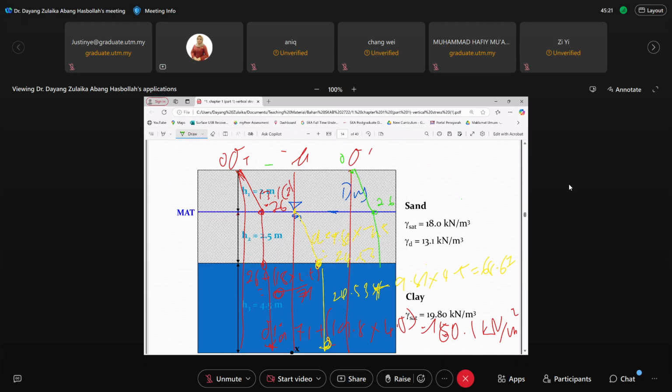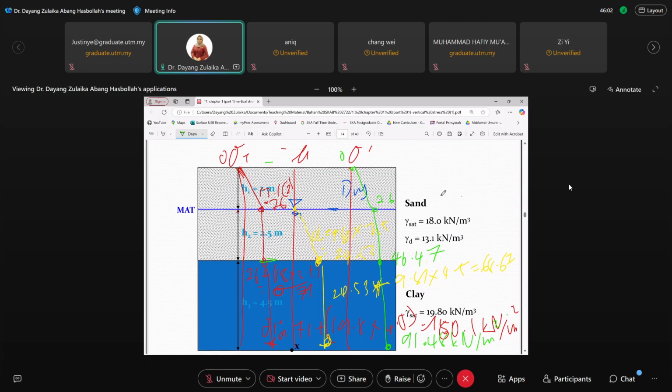Next, you must minus at the same level. So here you get 71 minus 24.53, which is 46.47. And then the next one is 160.1 minus 68.62. So you get 91.48 kilonewton per meter square.